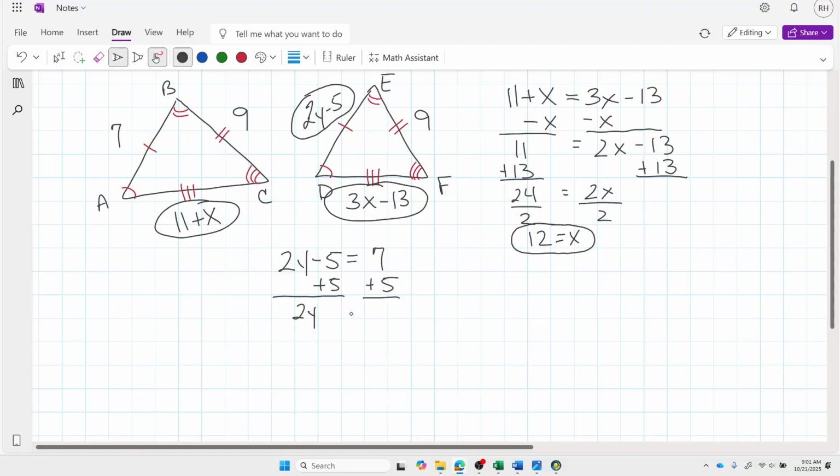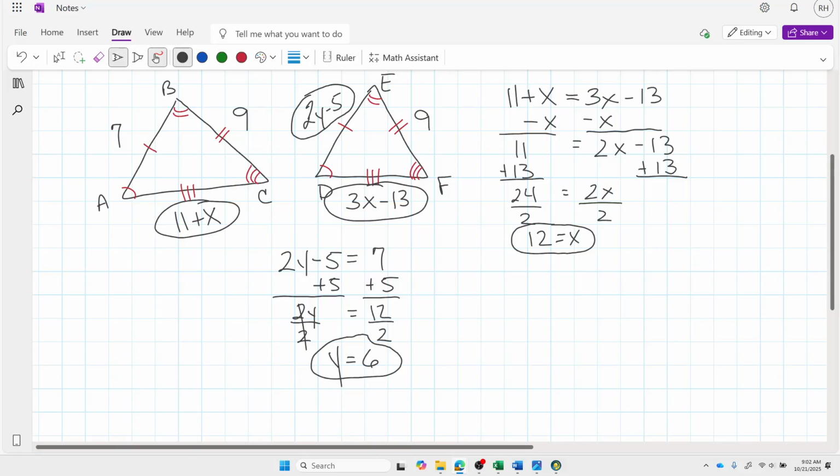And 2Y is equal to 12. And then divide each side by 2. Y equals 6. Questions?